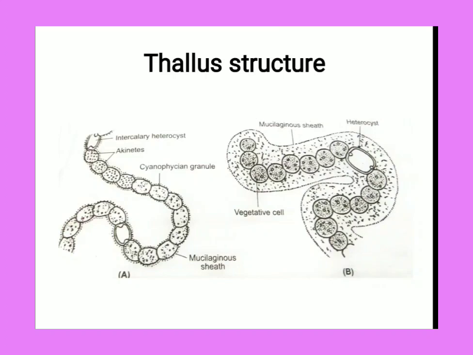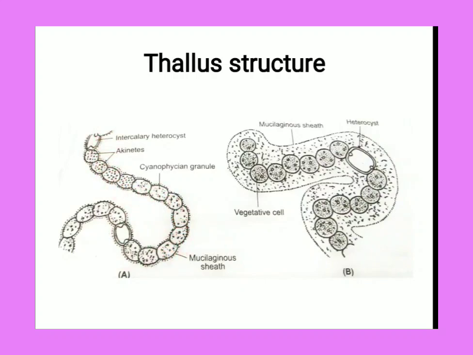And there is some different type of cell, known as the heterocyst cell, and the heterocyst cell functions in nitrogen fixing, and it also works in reproduction. So this is the structure of Nostoc.